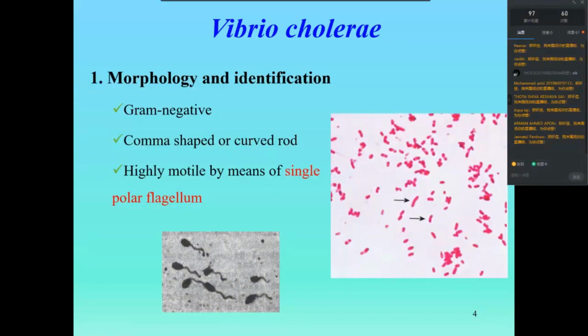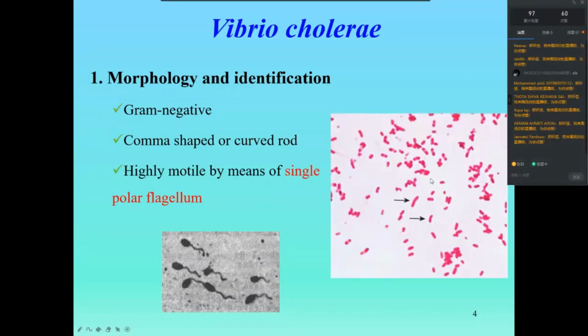Okay, here is some general knowledge of Vibrio cholerae. They are gram-negative, as we mentioned, showing the pink or red color. They are comma-shaped or curved rods, like this. And they are highly motile by means of a single polar flagellum.